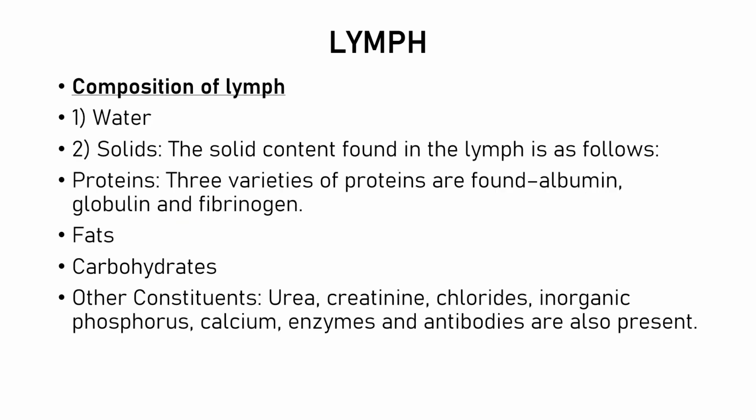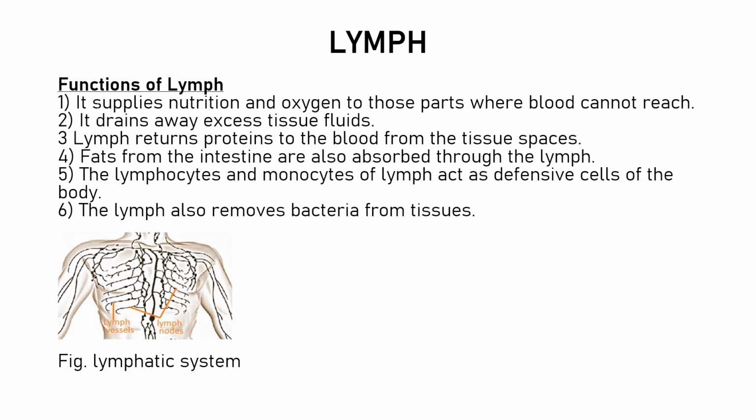Okay, now the composition of lymph. It is composed of water, and the solid components of lymph are proteins, then fats, carbohydrates. It also contains urea, creatinine, chlorides, inorganic phosphorus, calcium, enzymes, and antibodies are also present. So let's see the function of lymph.